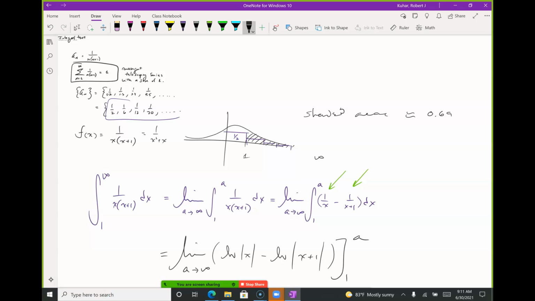The 1/2, right? It includes everything but the 0.5. You with me? That shaded black area is covering all of my rectangles except for the 1/2.